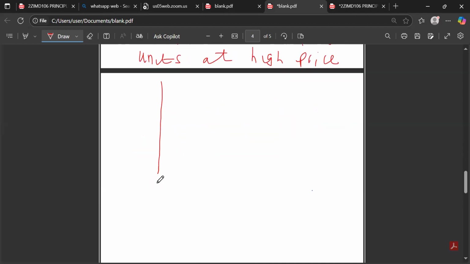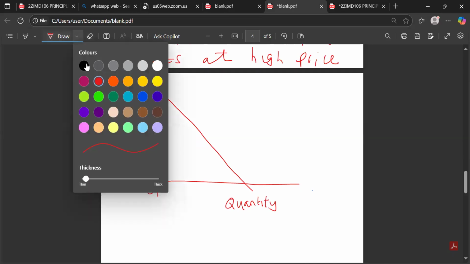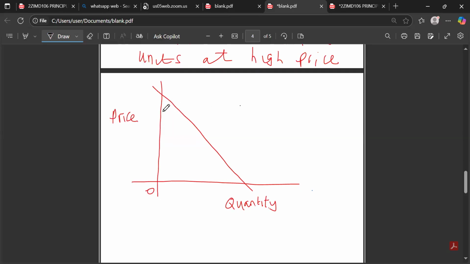So the way we're talking about is like this. This is the price, and this is the quantity. So you can see this trend.